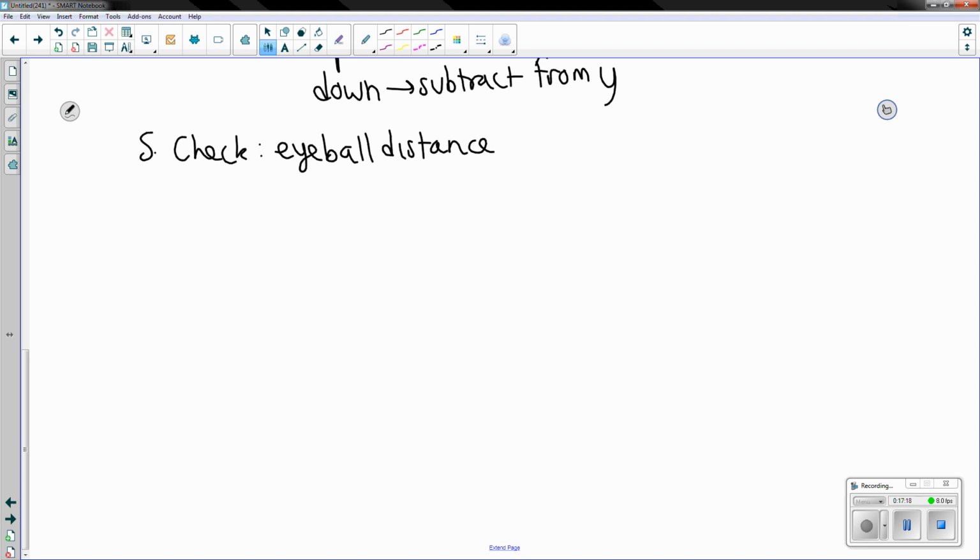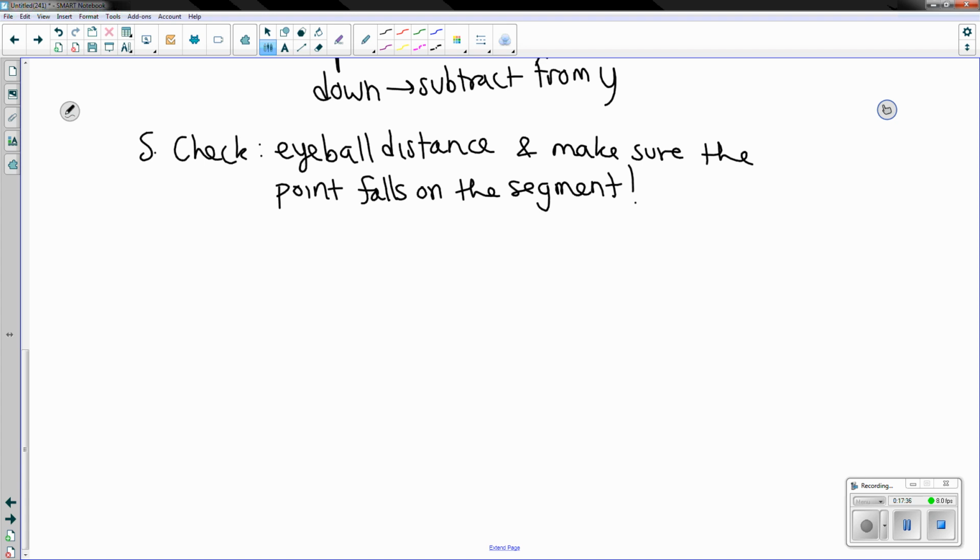But also, the other thing is make sure the point actually falls on the segment, right? Super important. We're trying to find points along a segment. So if the point you found isn't even on the segment, something went wrong.